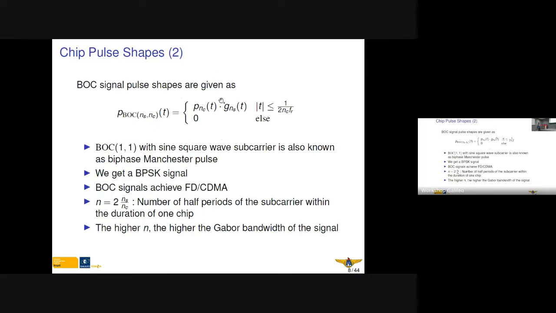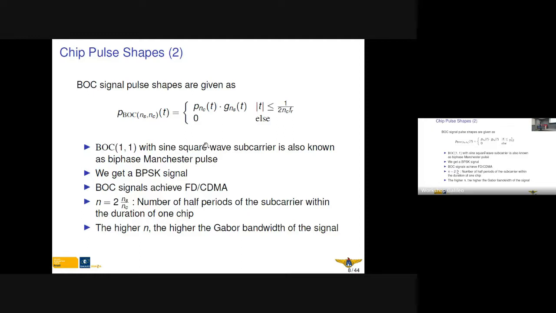And then we just multiply the two, and as the rectangular chip shape is time limited, everything outside of the chip duration is 0, and inside we have the multiplication of the square wave subcarrier times the chip shape, but it's just 1 during the chip duration.